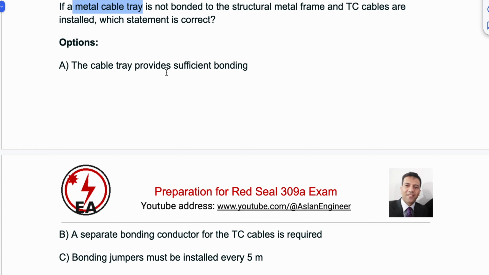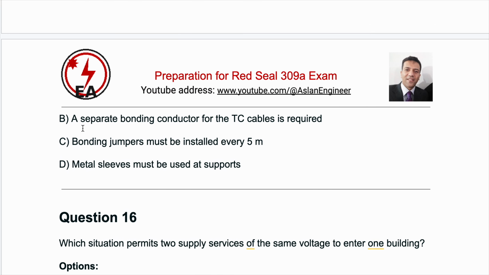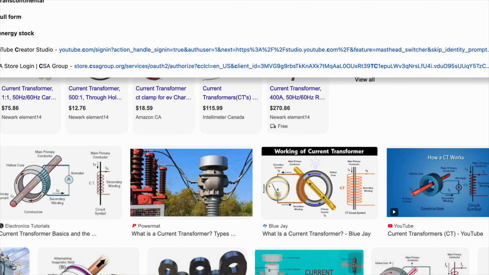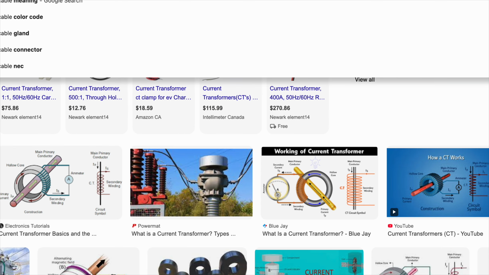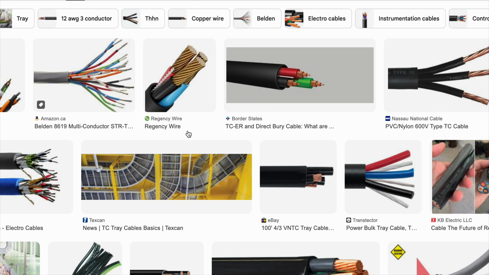The cable tray provides sufficient bonding. No, this says that there is no bonding for the cable tray. A separate bonding conductor for the TC cables is required. Yes, because TC cables don't have a bonding conductor.